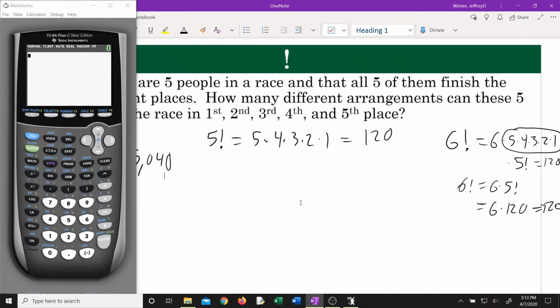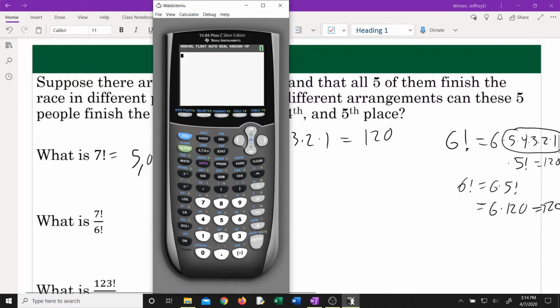Before I get too carried away, I do want to show you how to do this on your calculator. So everyone's calculator may be a little bit different, especially for those of you that have a scientific calculator. You may actually have to look for a slightly different button than what I'm going to look for. You'll actually want to look for a button that says PRB or PROB, and this just stands for probability. In my case, I want to find 7 factorial, so I need to type in 7 first.